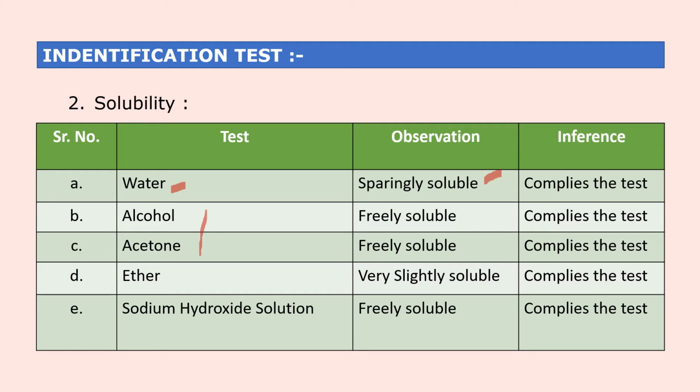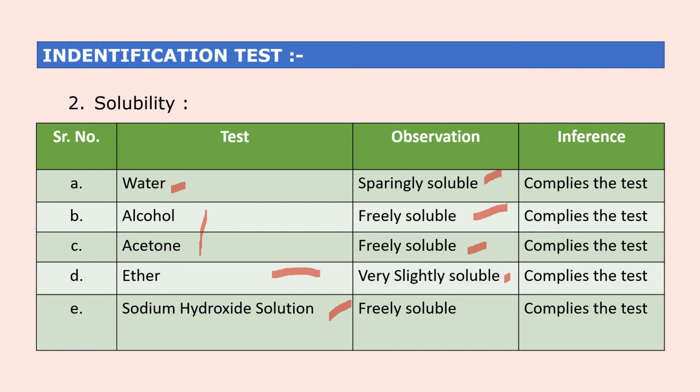Alcohol and acetone, it is freely soluble. I will require the quantity of solvent, that is 10 to 30 ml. Sorry, it will require a quantity of 1 to 10 ml to dissolve the required quantity of paracetamol. For ether, very slightly soluble, it will require a quantity of 1000 to 10,000 ml of ether.